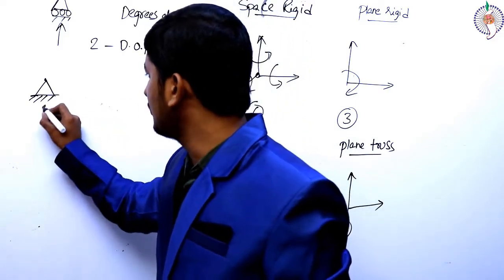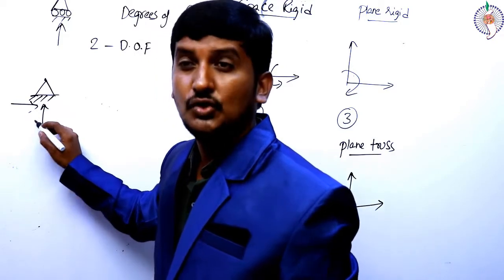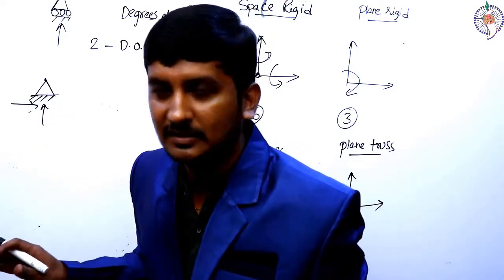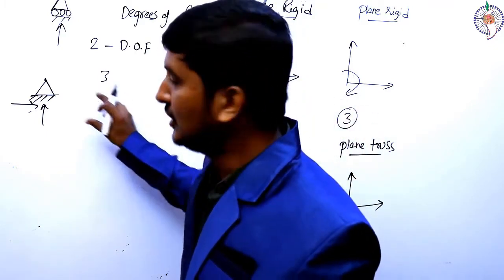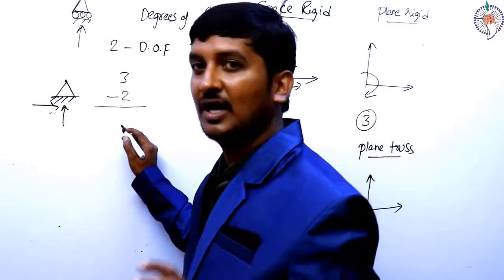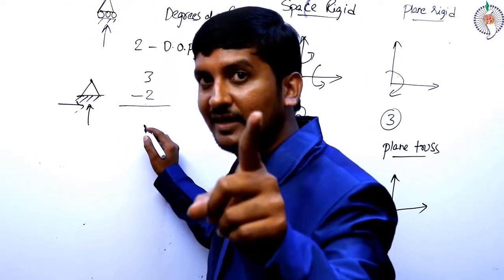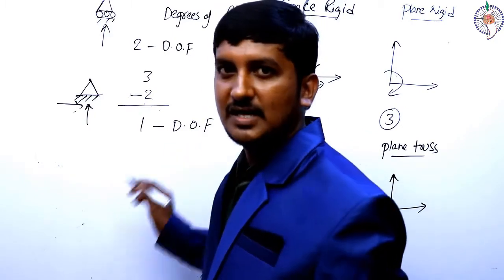But here we are going to lose 2 degrees of freedom. In that, 2 degrees of freedom are lost. So, finally we are left out with only 1 degree of freedom. Understand, students?